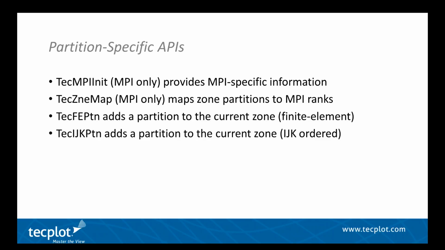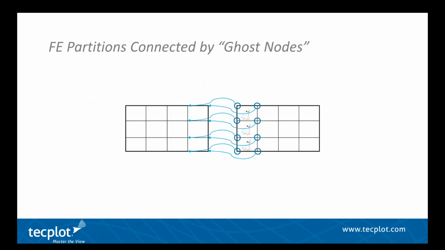And then for IJK ordered or structured zones, TecIJK PTN performs the same function. I should note that partition zones are only available for the 3D zone types. We cannot output a partitioned IJ ordered or triangular or quadrilateral 2D zones as partitions. Okay, next slide, please.